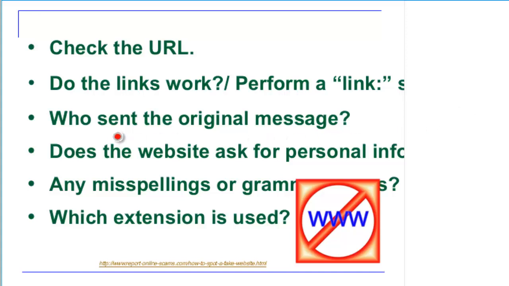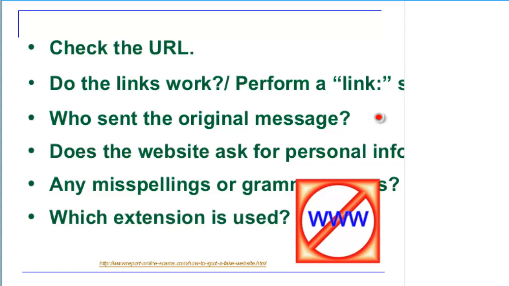If you get an email, look to see who sent the original message. Did it come from a friend? One of the best ways that scammers, phishers, get through to unsuspecting people is they'll steal somebody's address book, and they'll send out emails to all that person's contacts. So you may get an email that looks like it's from a friend of yours asking you for money or asking for your credit card information.